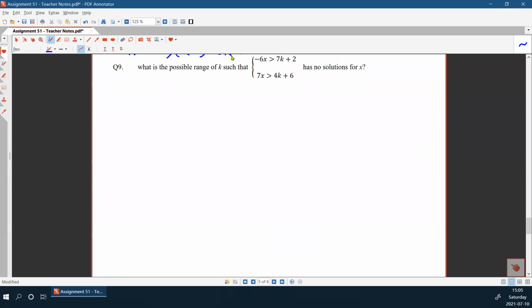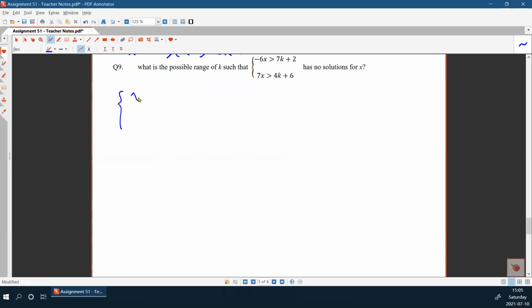Next question. What is a possible range of k such that this system of inequalities has no solutions for x? So first of all, let's try to solve it, okay? It says minus 6x should be greater than 7k plus 2.